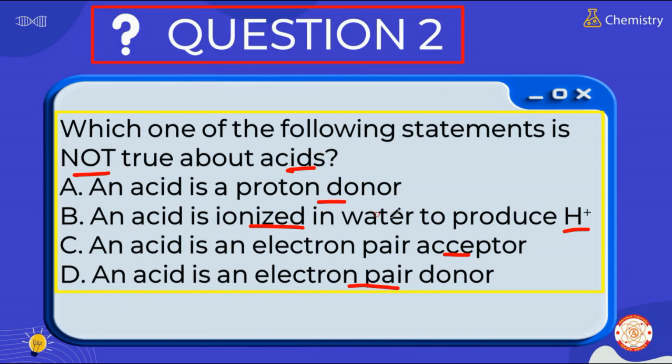Okay, so an acid is a proton donor. So this is the correct statement. So B says an acid is ionized in water to produce what? Hydrogen ion. So this is correct also. And an acid is an electron pair acceptor. This is correct. And the last one, an acid is an electron pair donor, and this is not correct.